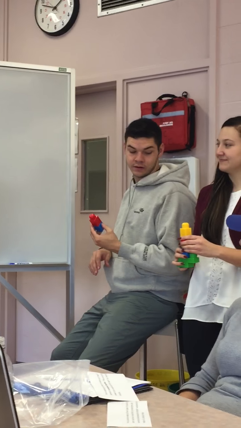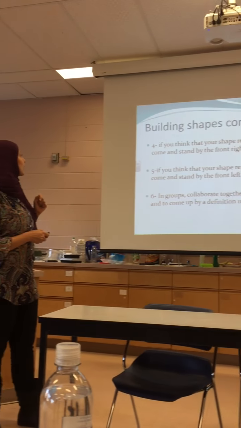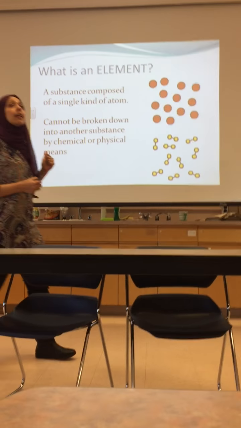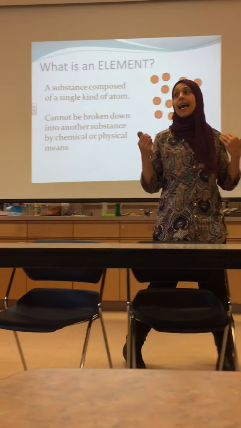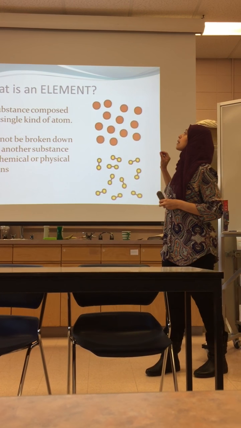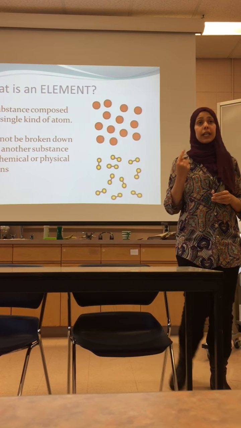Okay. What about the second group? Compound. Why? This is being built with a lot of different elements. Okay, good justification. You can go back and sit in your places. As you said, and as Mr. Ali previously mentioned, an element is a substance composed of a single particle.